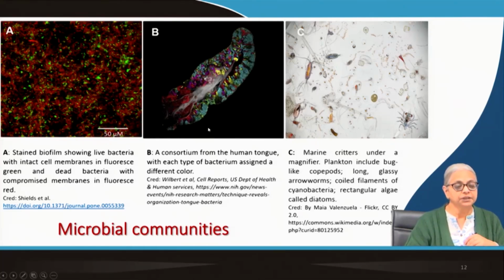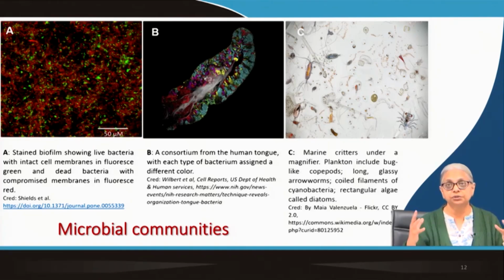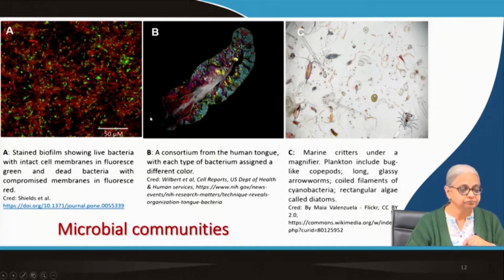Here you have another example of microbial flora on the human tongue. Your own mouth is a huge reservoir of all kinds of bacteria, and those of you who may have experienced it, if you forget to brush, you know that sticky feeling in the mouth, that is exactly excessive microbial growth.